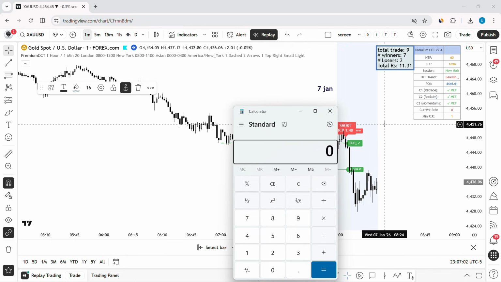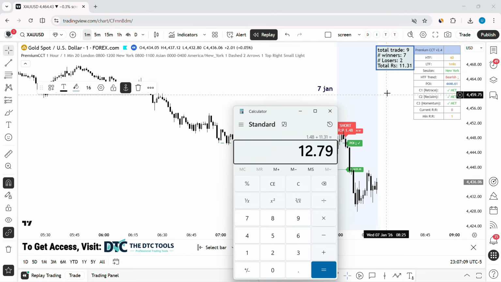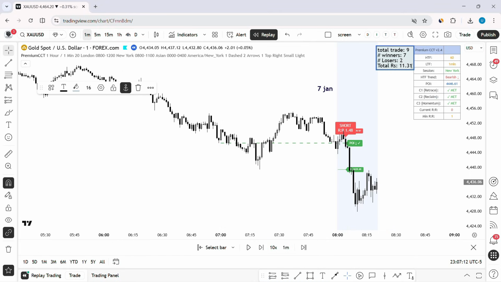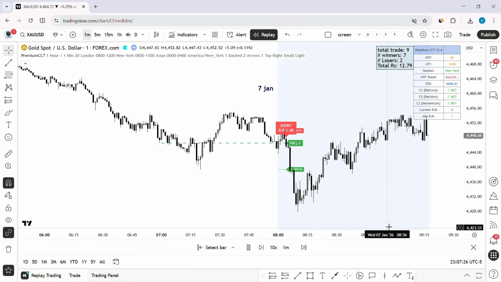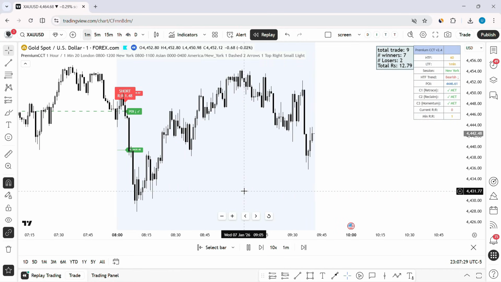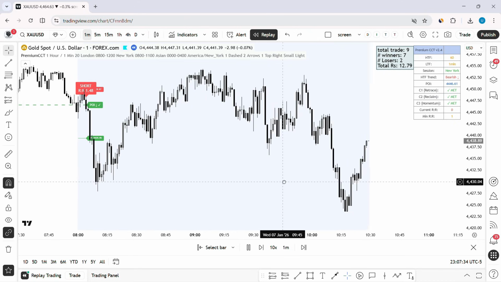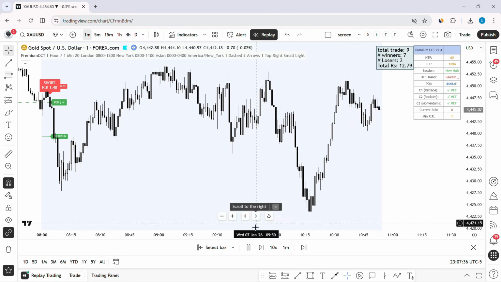Let's use a calculator. 11.31 plus 1.48, a total of 12.79 risk to reward. 12.79 is the total gain until 7th January. So I don't think we are going to find any other trade for this session.